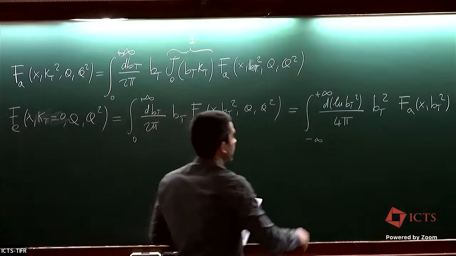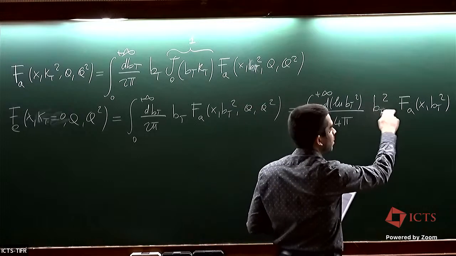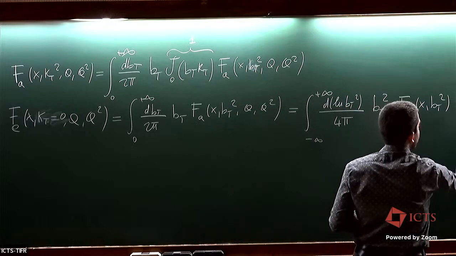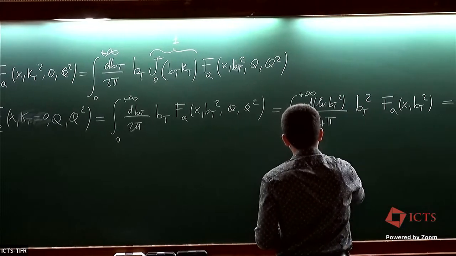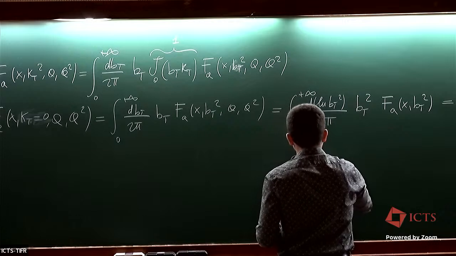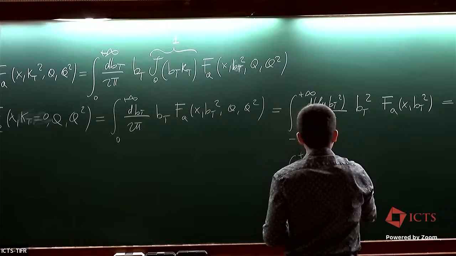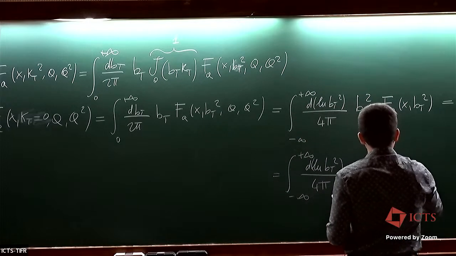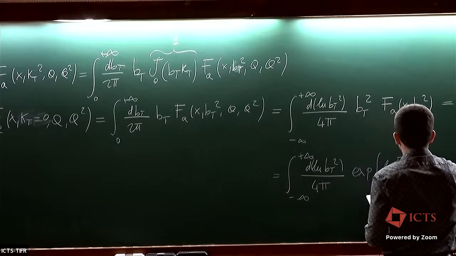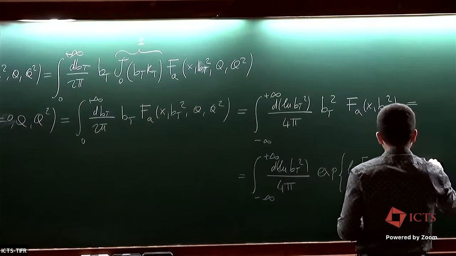Okay, so now I'm integrating between minus and plus infinity, but I also want an exponential function here. So what I simply do is to rewrite this as the exponential of the log of BT square times f of x BT square.